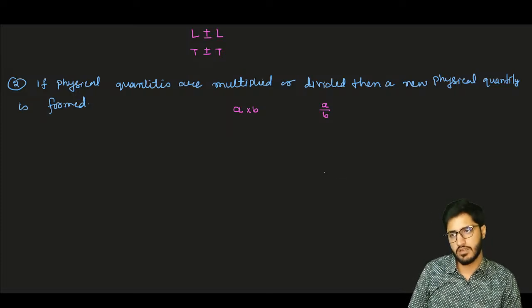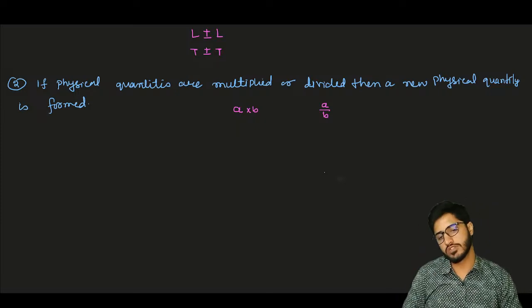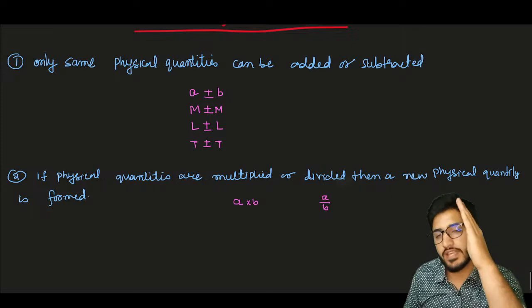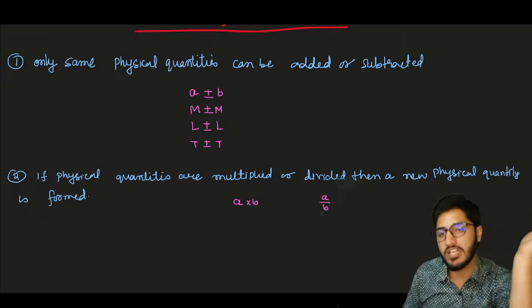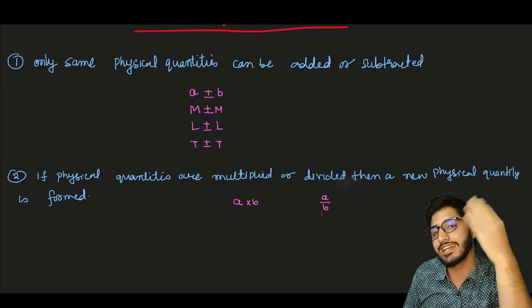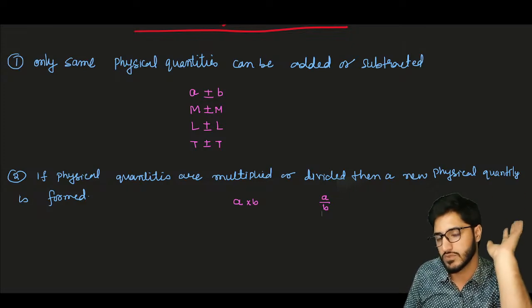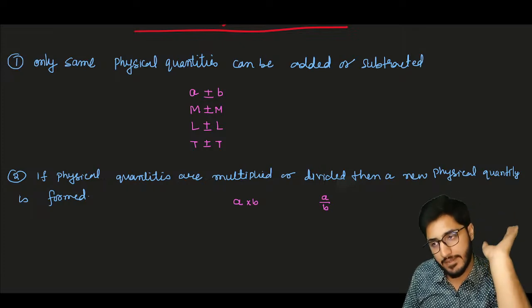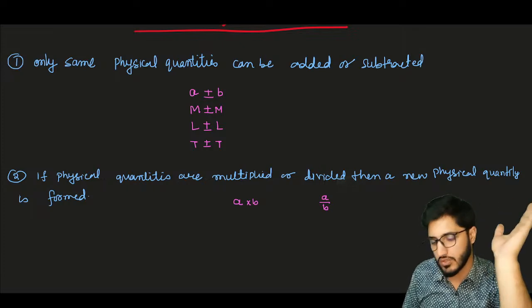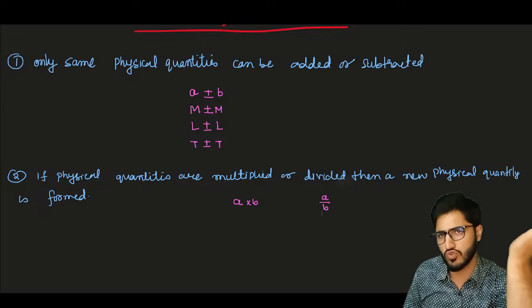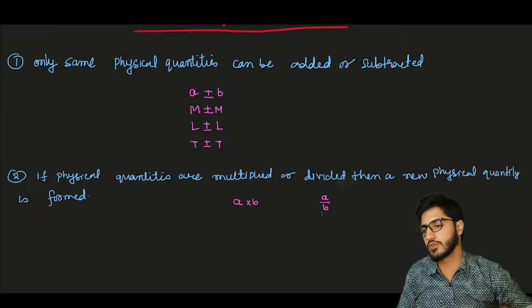So why are we having these rules? Let us suppose we are having mass. We cannot add mass to length or time, and we cannot subtract mass, length, time. That's why we only add or subtract the same quantities. When we are dividing or multiplying, we will get a different physical quantity.